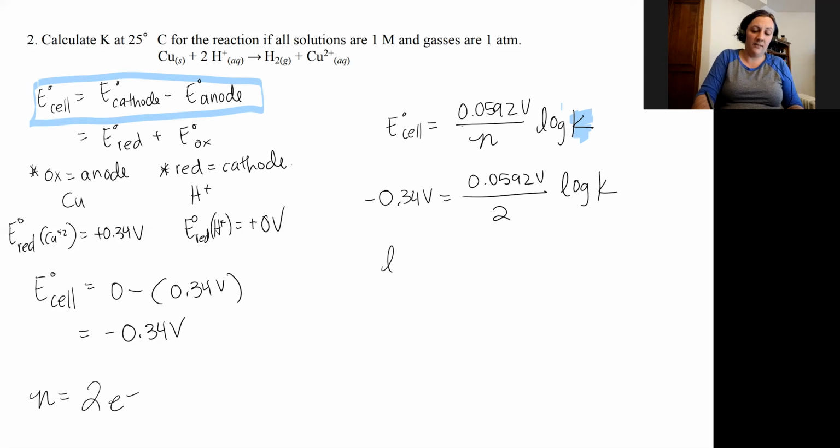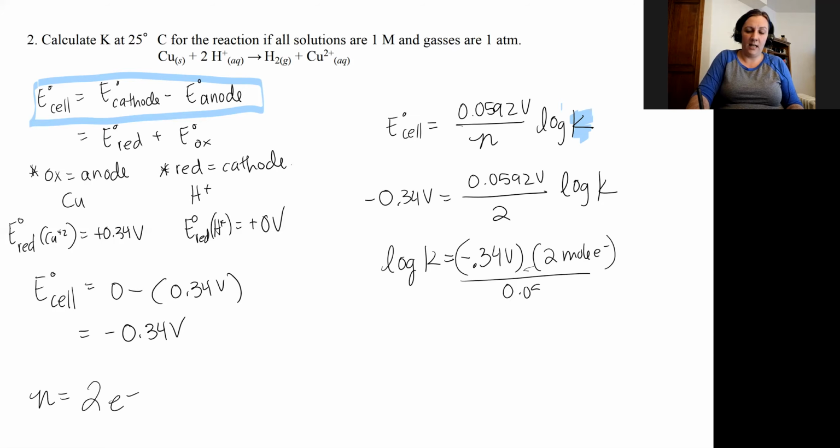So log of K is going to be equal to negative 0.34 volts times 2 moles of electrons, all divided by 0.0592, which is going to be equal to about negative 11.49. It kind of goes on.